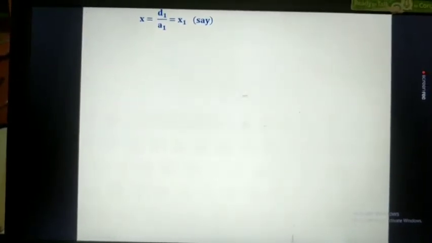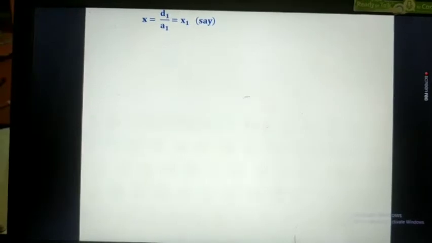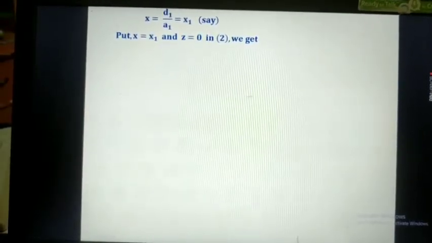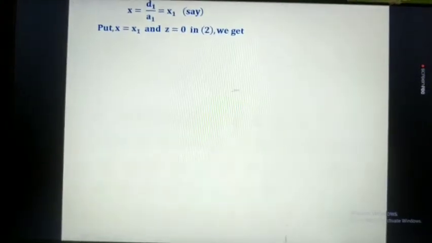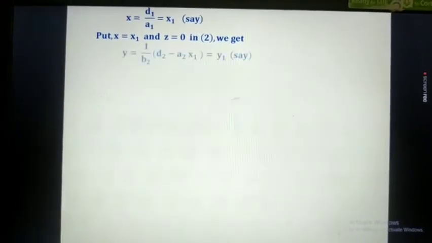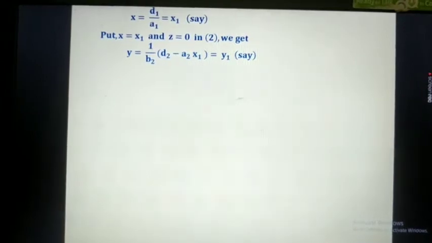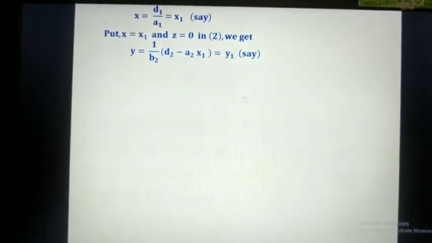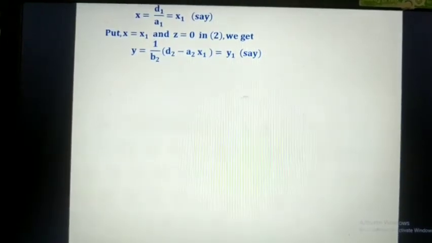That means x is x1. Now in the second equation, put x equal to x1 and z equal to 0, then y becomes 1 divided by b2 into bracket d2 minus a2x1. Call this expression y1, the y1 root.